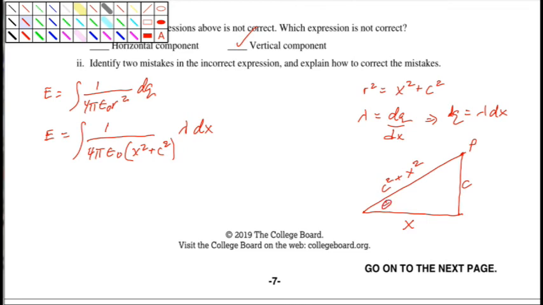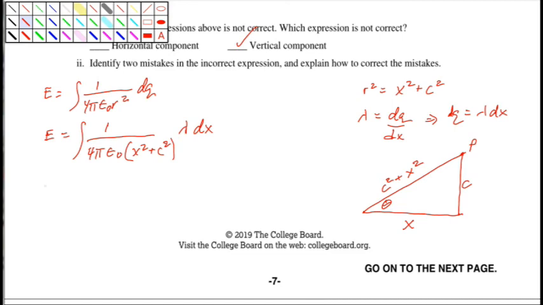But when we decompose, to find the x component, we're multiplying by the cosine of the angle, cosine of theta. And to find the vertical component, we're going to multiply by the sine of that.